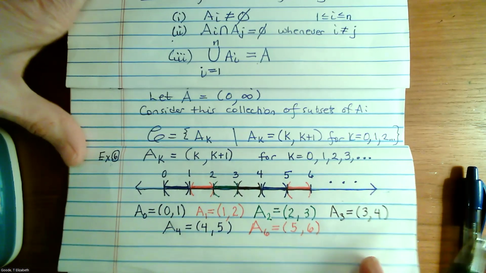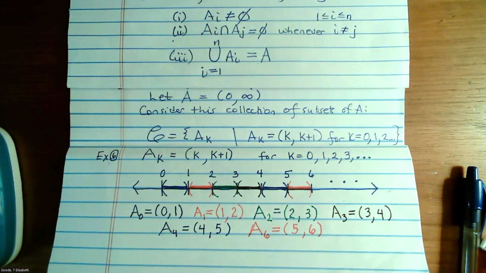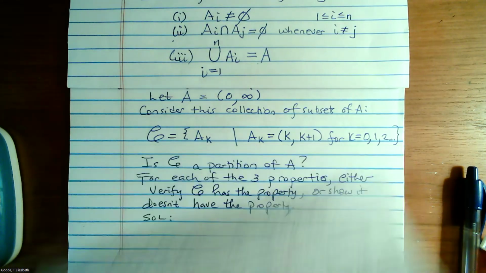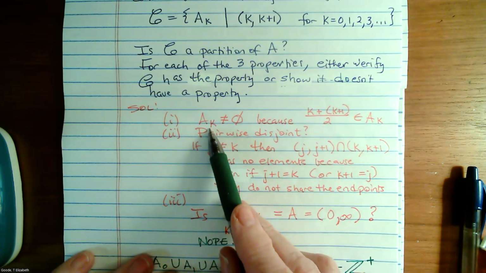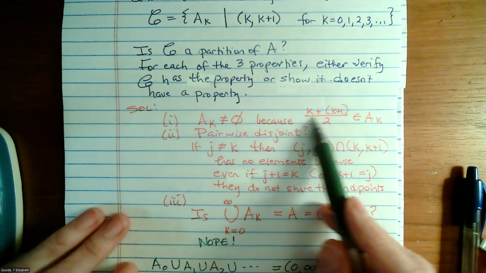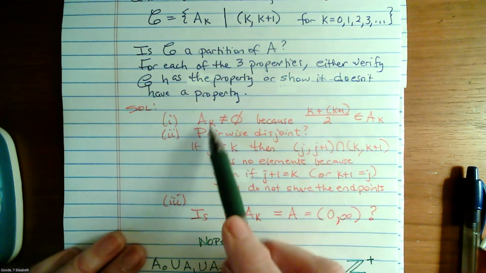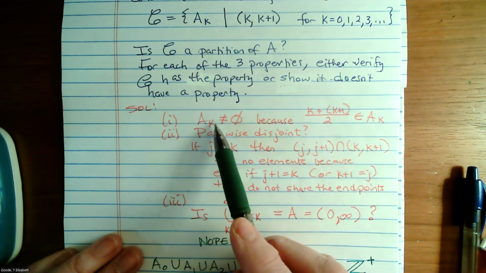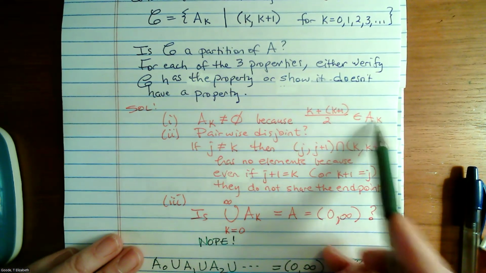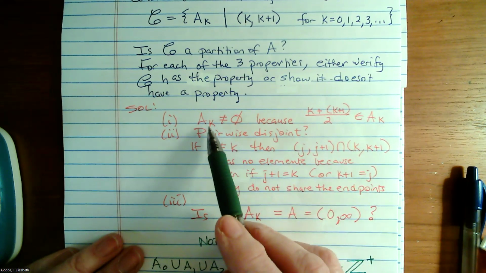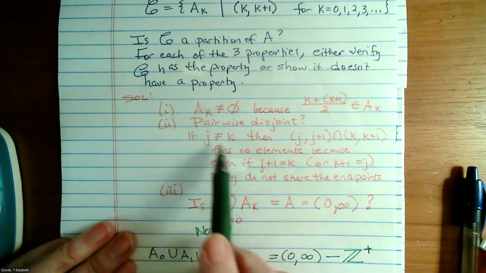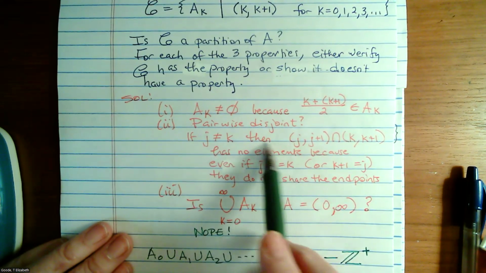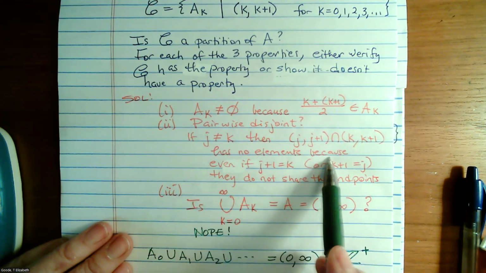Very astute. So how do we write this up? Well, you could say A sub k is not empty because you just take the average, or you could say k plus 1/2 is in there. You could do it that way, or k.5. Pairwise disjoint: if j is not equal to k, then this has no elements.